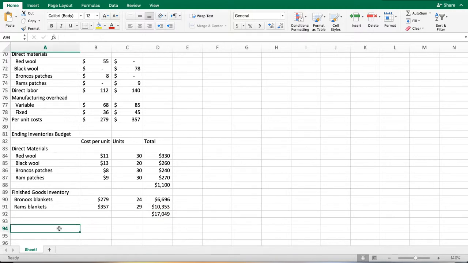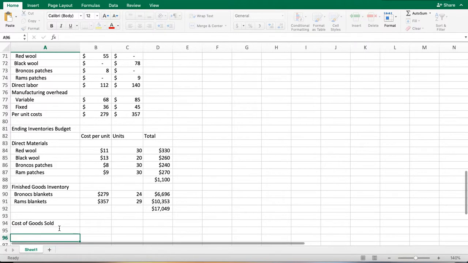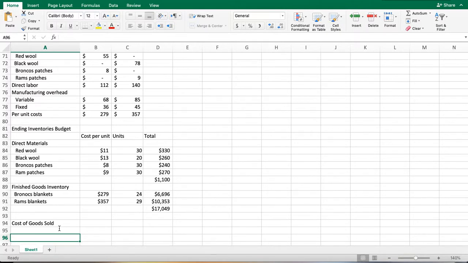Okay, then we have our cost of goods sold. I think this is the last calculation. And again, we use that cost that we calculated. So we've got our beginning finished goods inventory, which is on March 1st.